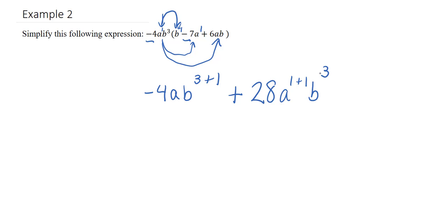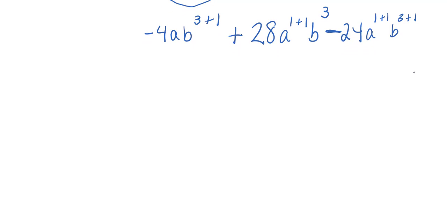And now we can go to our final term. So negative 4 times positive 6 is minus 24. We can just go ahead and go minus 24. And then we have a to the 1 plus 1. This is b to the third and b to the 1. So we can go b to the third plus 1. So let's go ahead and simplify.